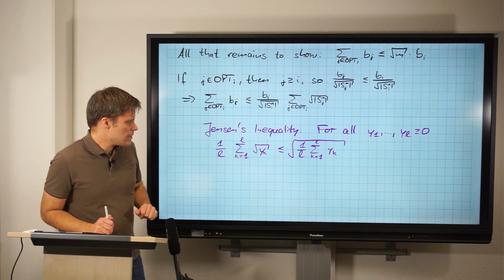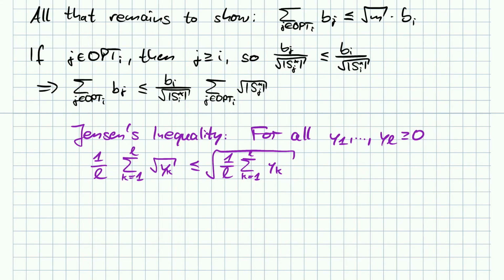And now let's multiply this by L. Then we're getting that the sum of these square roots of the y's will be at most the square root of L times the sum of these y's. In particular, we can now apply this to this interesting sum here, because this is exactly a sum of square roots of non-negative numbers.